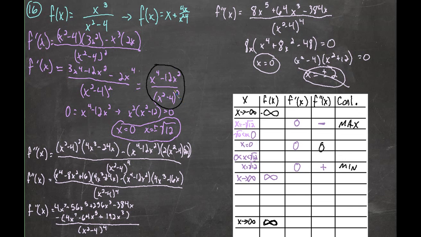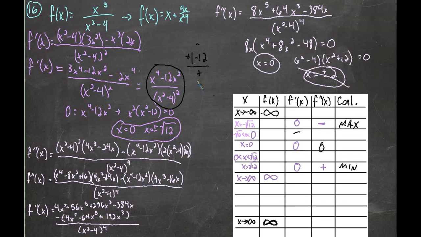That'd be easy. Negative 1 gives a positive 1 there, and negative 1 squared, so that's going to be 1 minus 12, and then negative 1 minus 4. We're just trying to figure out if this is positive or negative. The numerator is negative. The denominator is squared, so it's definitely positive. So we have a negative over positive, so it's a negative slope when we put in negative 1.